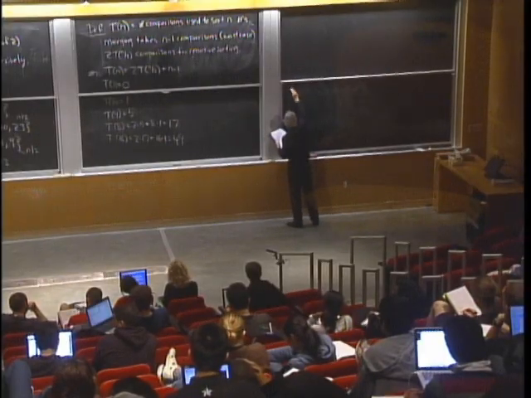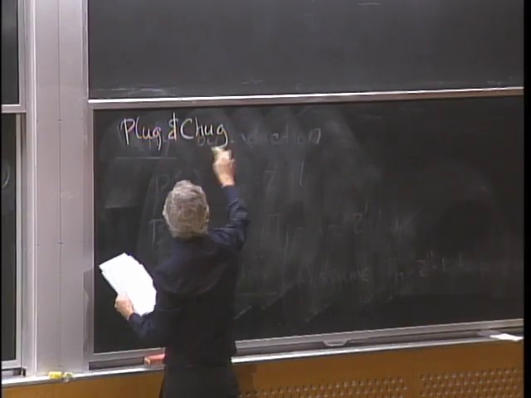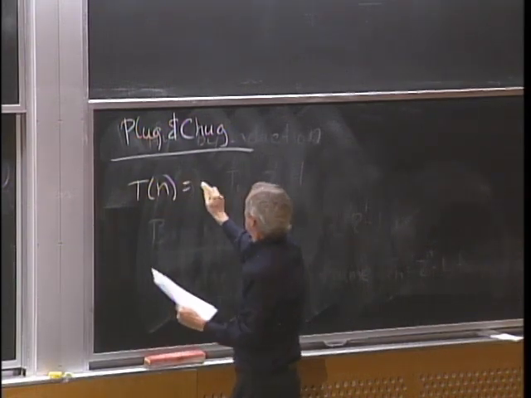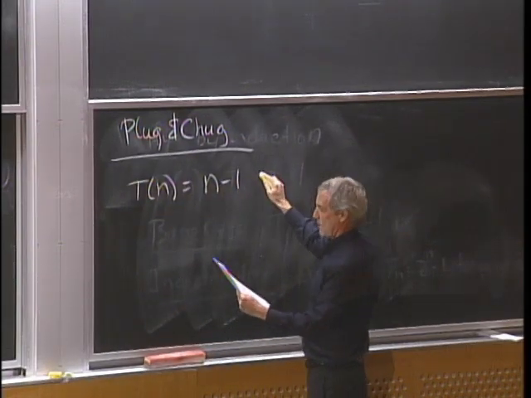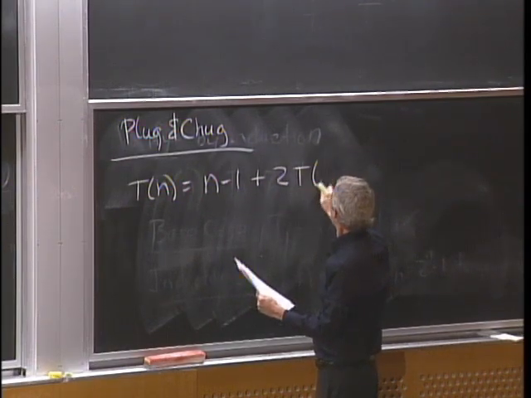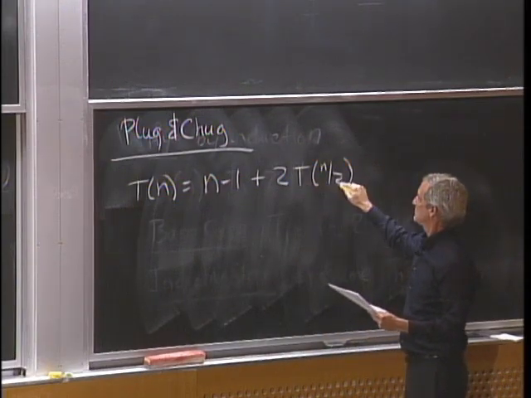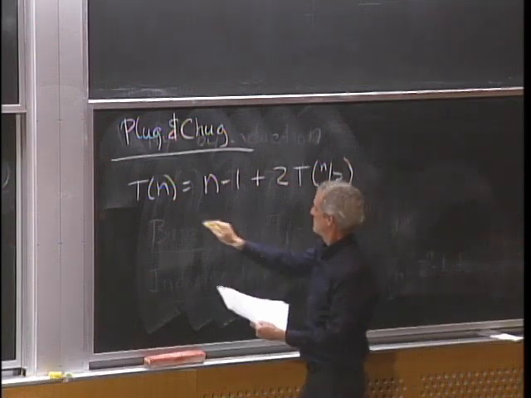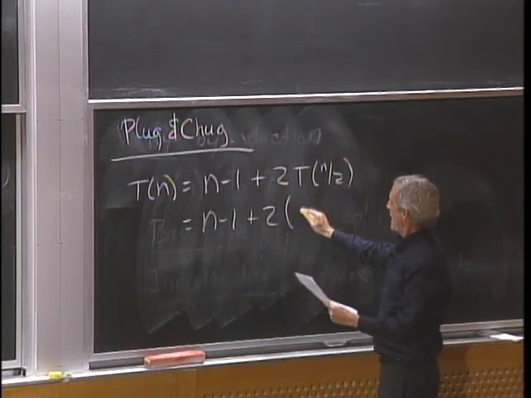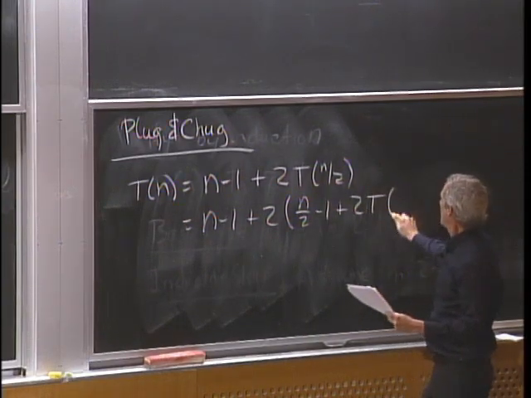We write down T(n) is, and you always write the recurrent part last for plug and chug to keep it simpler, 2T(n/2). Then I plug in for T(n/2). So I have n minus 1 plus 2 times (n/2 minus 1) plus 2T(n/4).